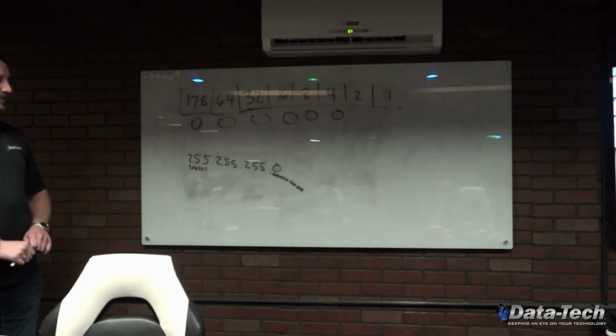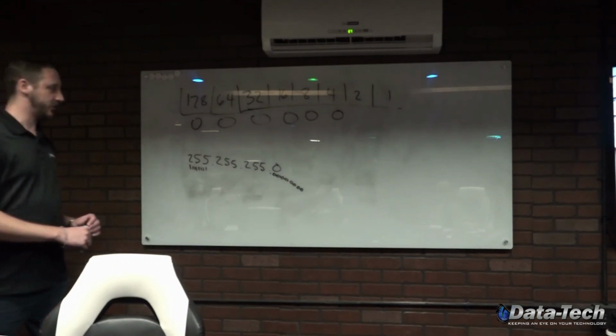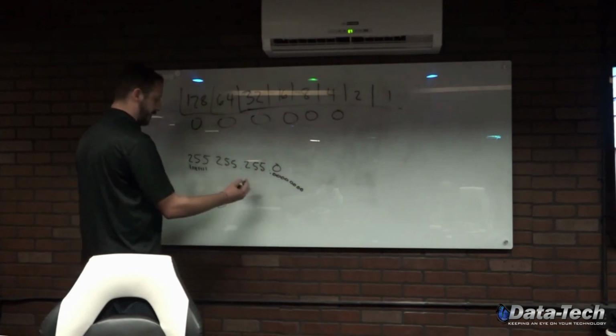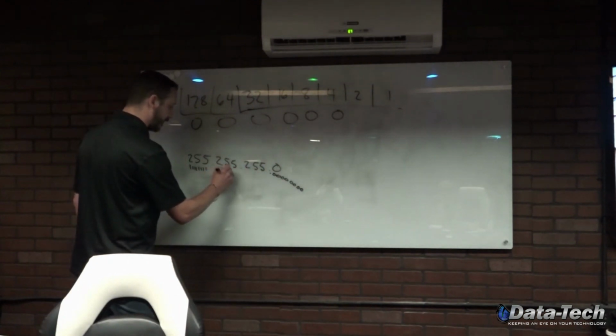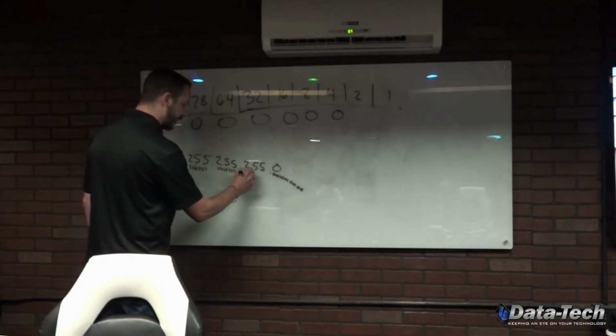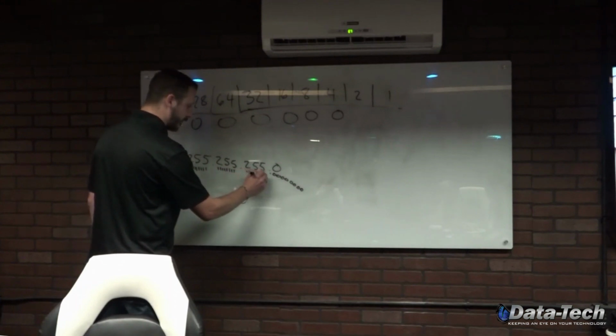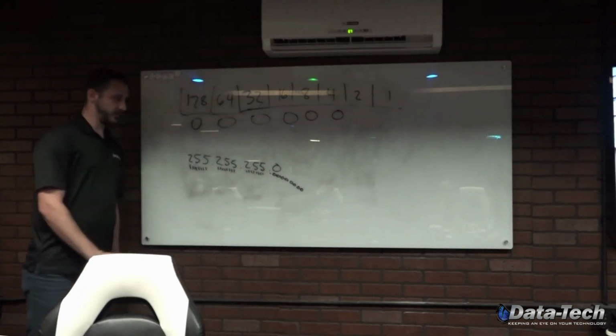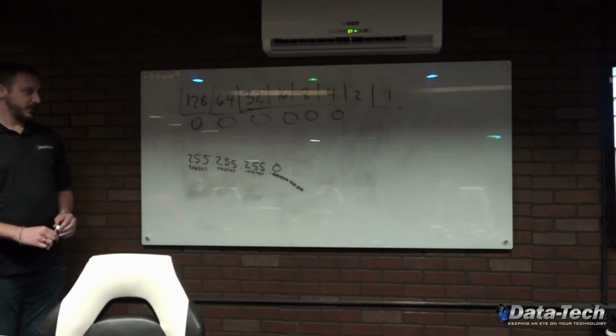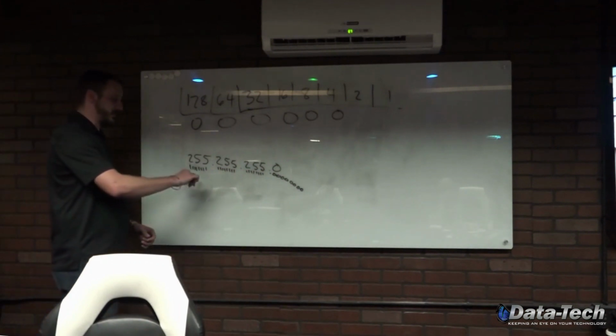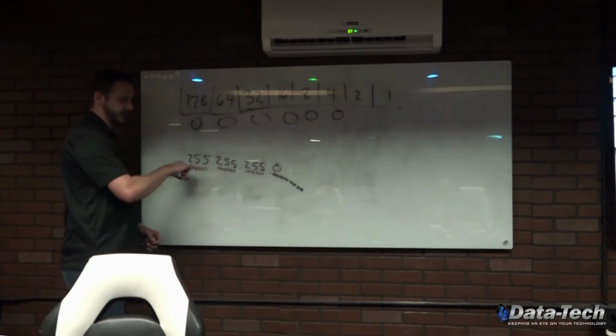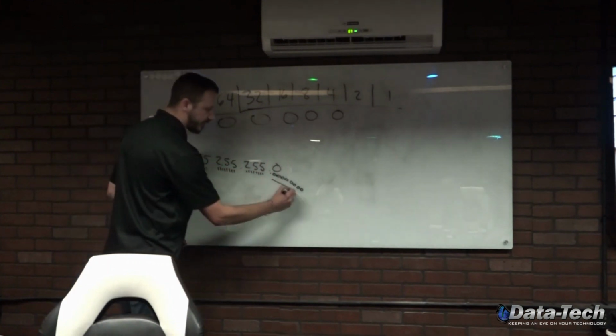So what happens in subnetting is you end up borrowing bit values. So 1, 1, 1. This is your network side, and this is your host side.